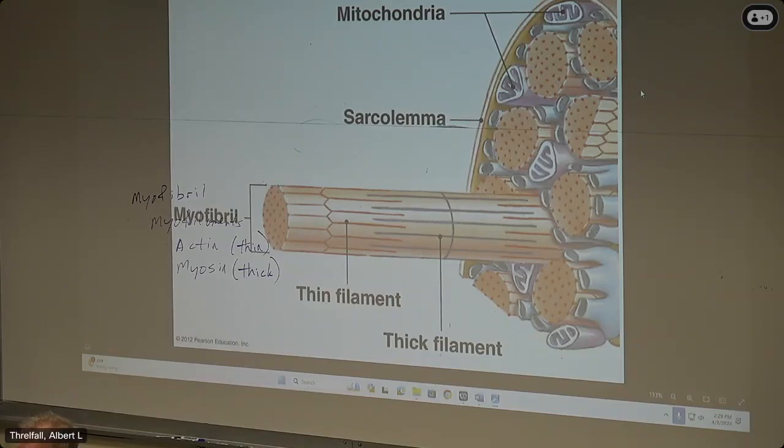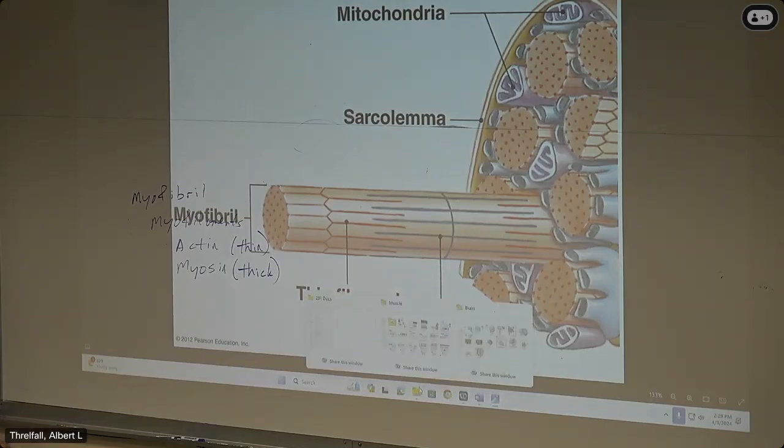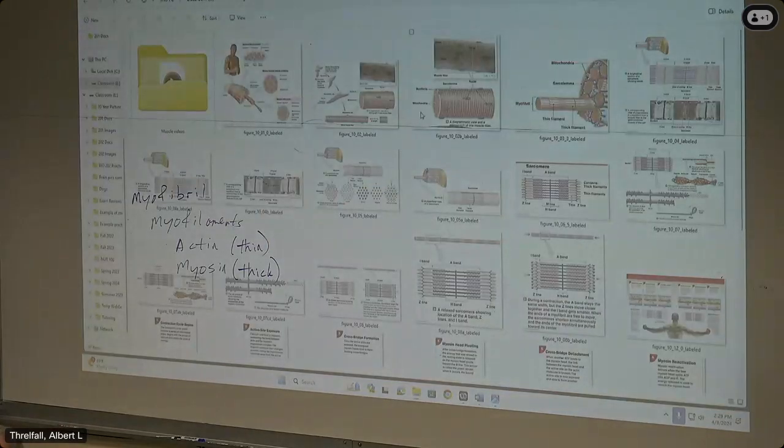If this was a fascicle, then the label that says sarcolemma would instead say what? Perimysium. And if this was the whole muscle, the label that says sarcolemma would say epimysium.